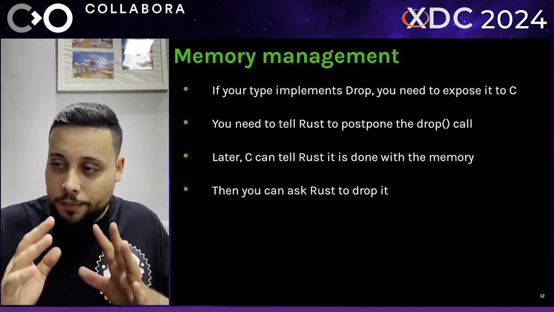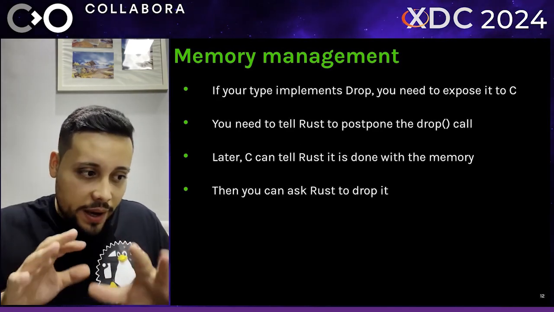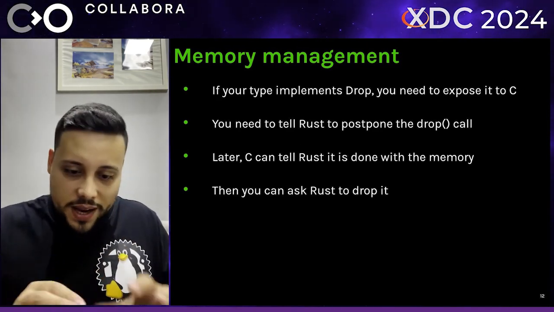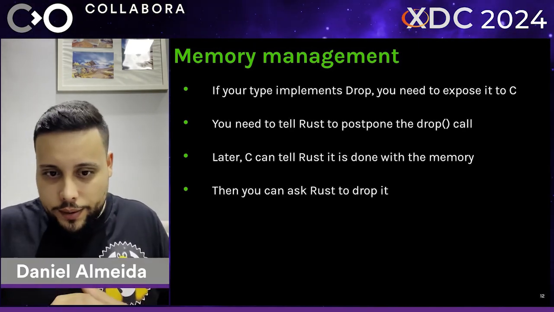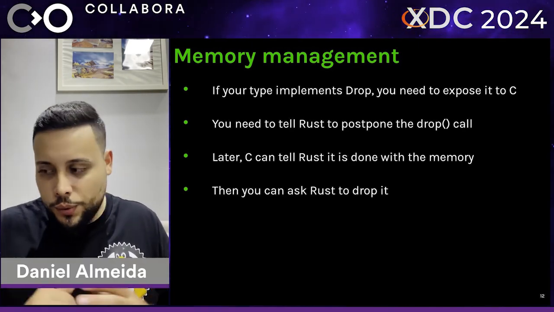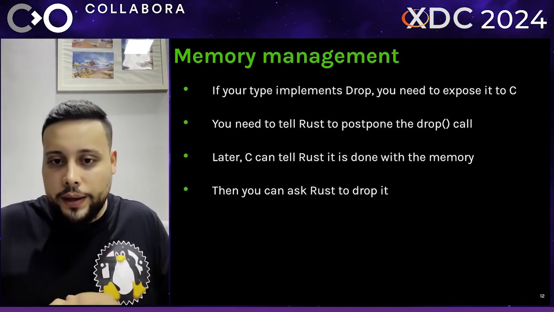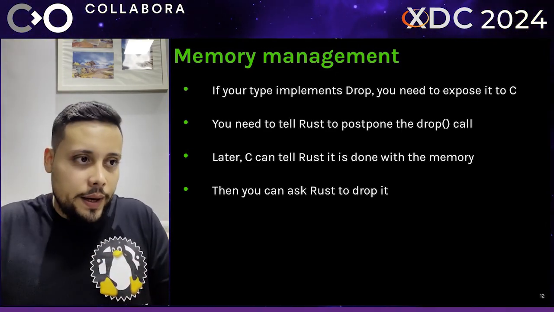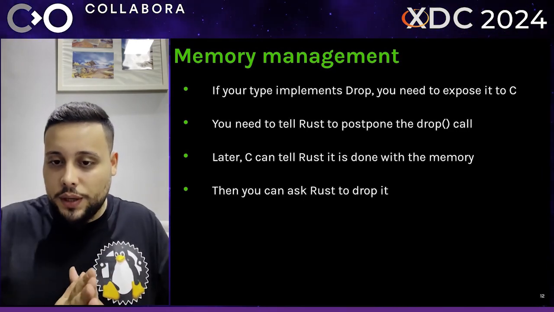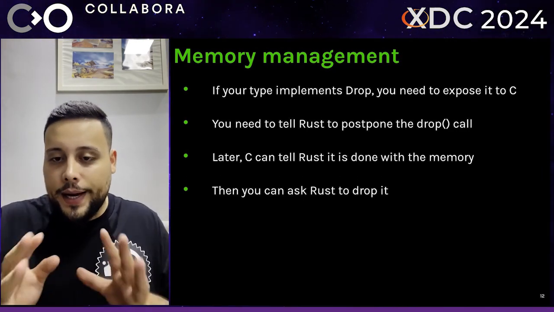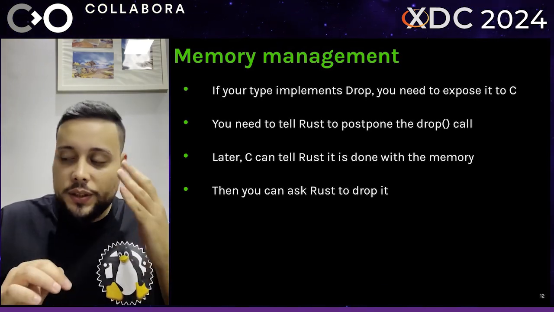And if your type implements drop, I have an example with a vec. A vec is basically a resizable array in Rust, and that will allocate, right? It's equivalent maybe to std::vector from C++, let's put it this way, kind of. And once Rust sees that this thing is going out of scope, it will attempt to drop that.